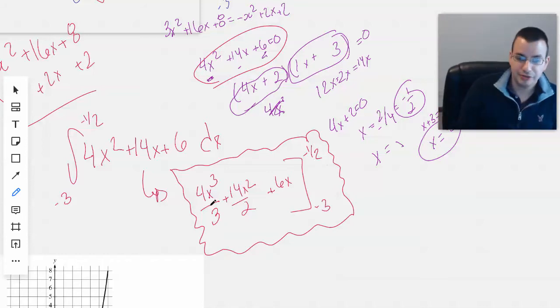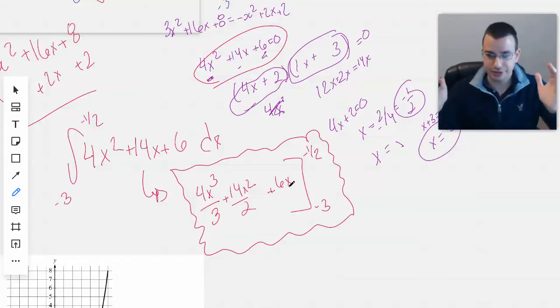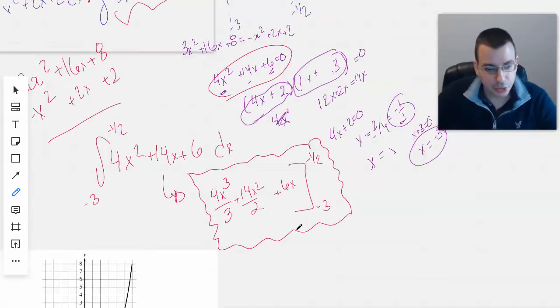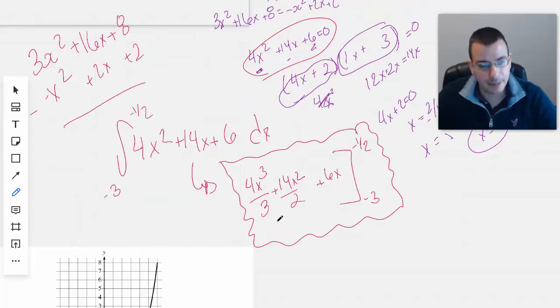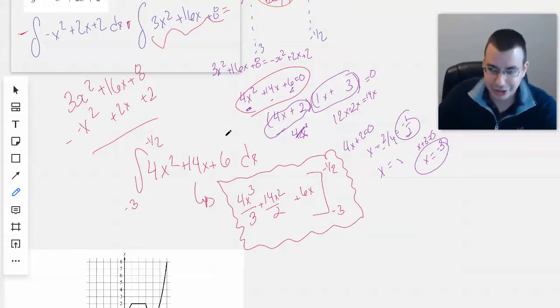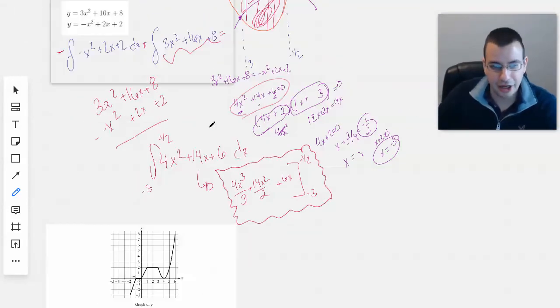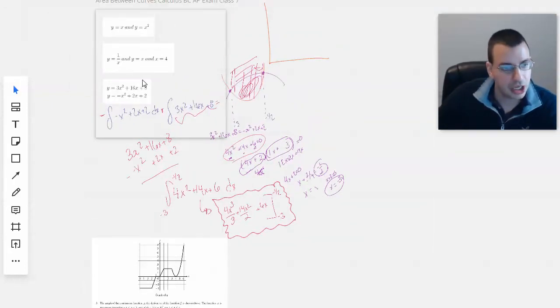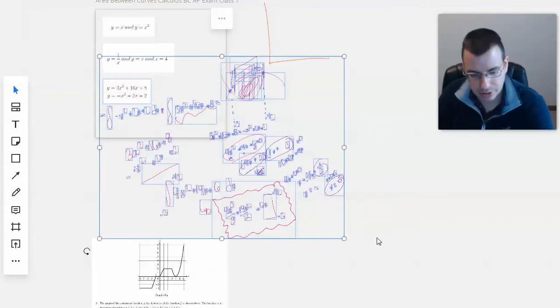So we plug in negative 1/2 for each of the x's, and subtract off the quantity with negative 3 plugged in for all the x's. And then we get a value. I'm just concerned with the area between the curves here, so if it turns out to be negative, I just take the absolute value of it. Okay, and that's the general idea behind area between the curves.